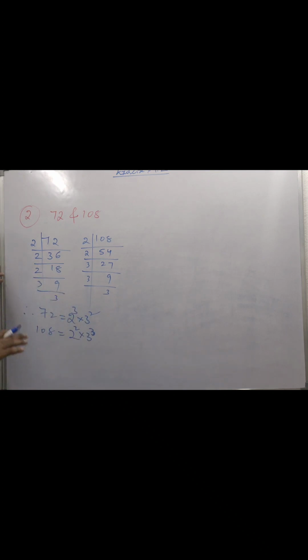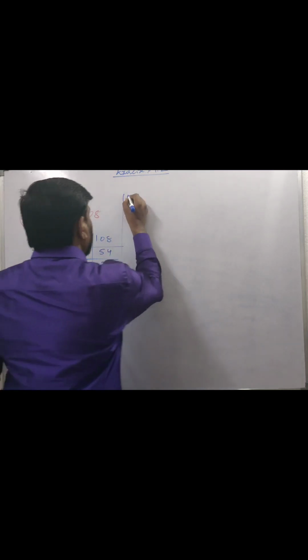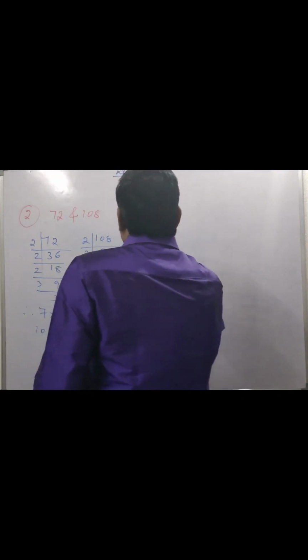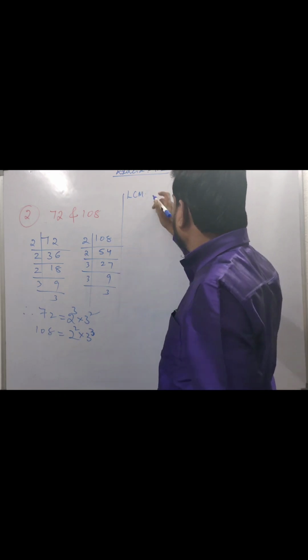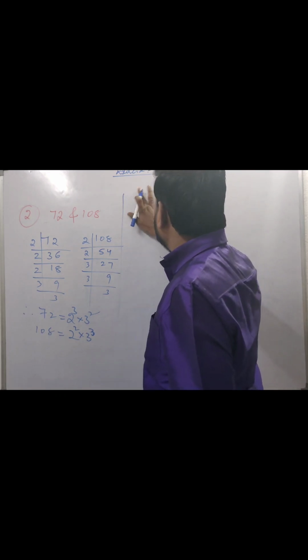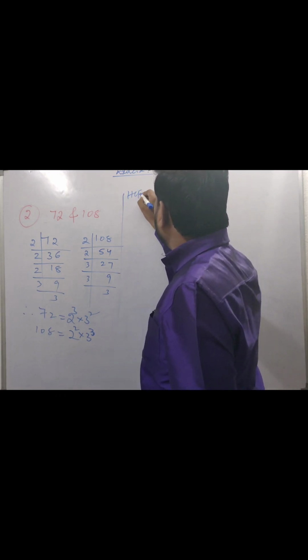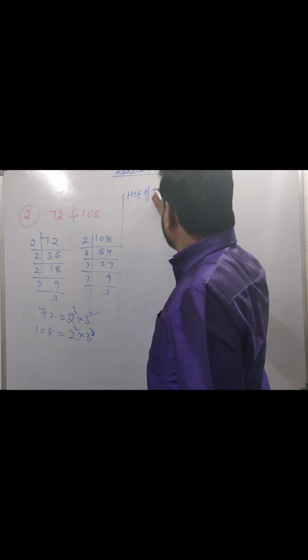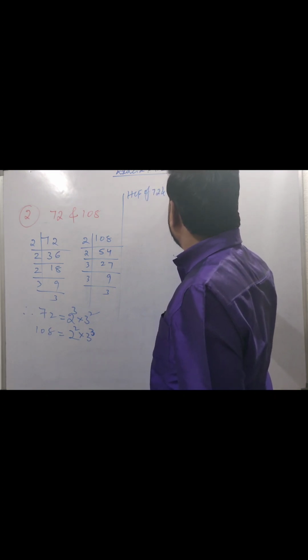So this is the exponential form. While finding LCM or HCF, you need to follow 2 steps. Those are, you have 2 formulae. Let us see HCF first. HCF of 72 and 108.